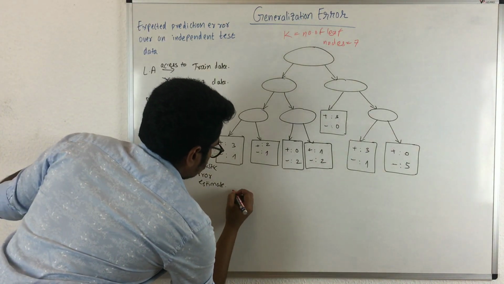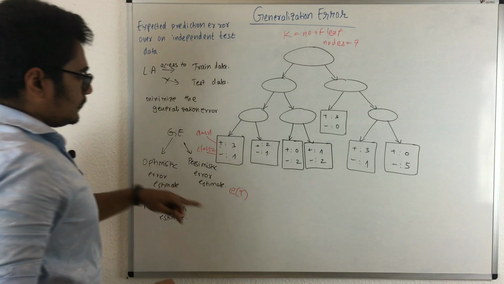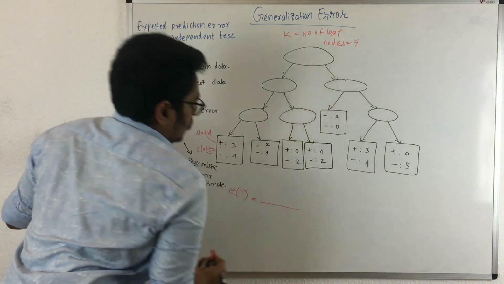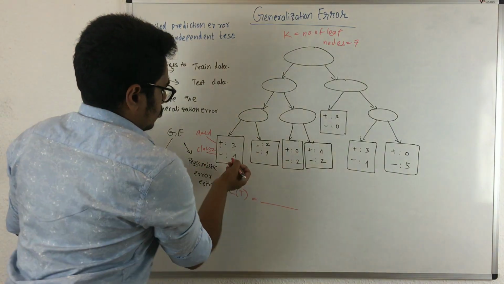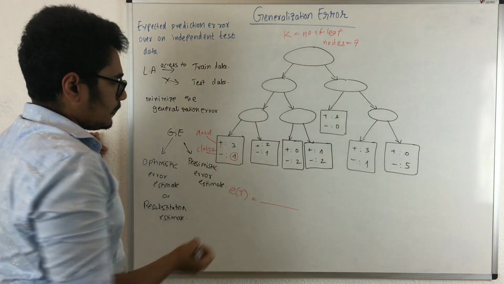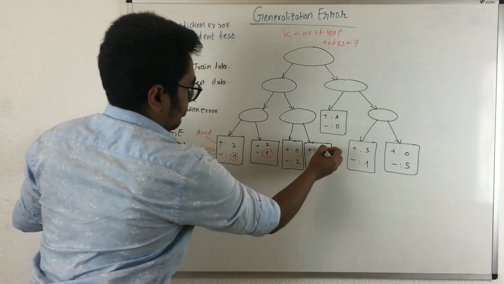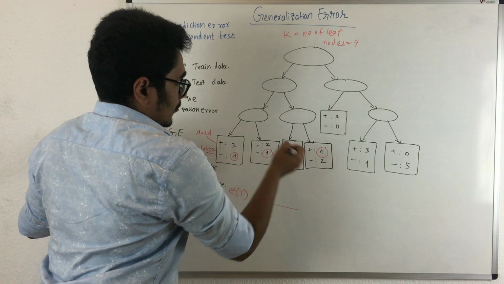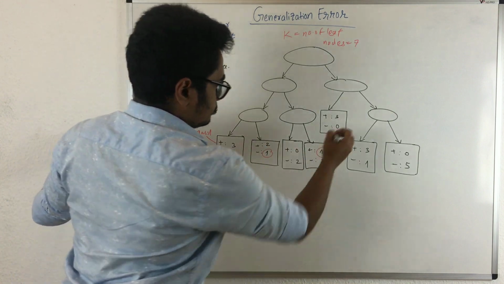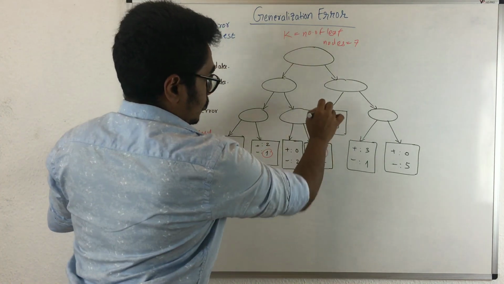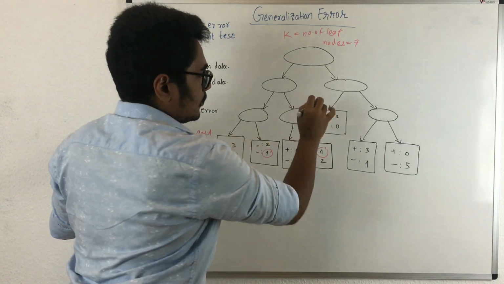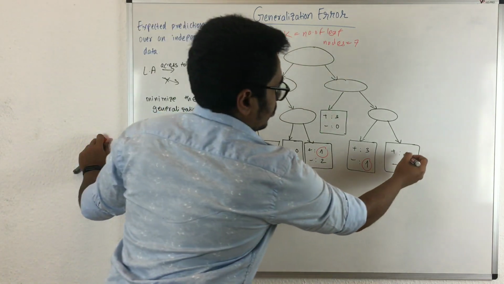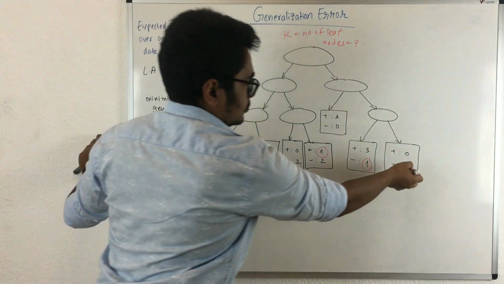It is given by E of t, the error on the entire tree, which is the total number of errors divided by the total number of instances. Here you have one error, again one error, another one error. Here you don't have any error because it's correctly classified as negative. Here all 3 instances are correctly classified as positive. Here you have one instance wrong, and here all are correctly classified as negative.